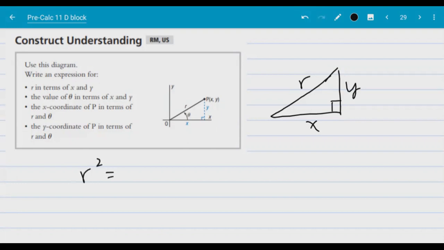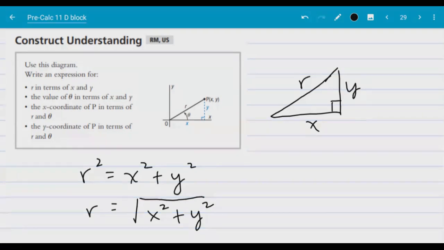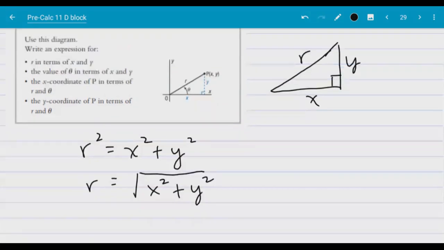R squared equals x squared plus y squared. And to find r will be the square root of x squared plus y squared. Now, if you're thinking, why is it not plus or minus? Because we are looking at r as a hypotenuse, so it has to be a positive number, no negative.